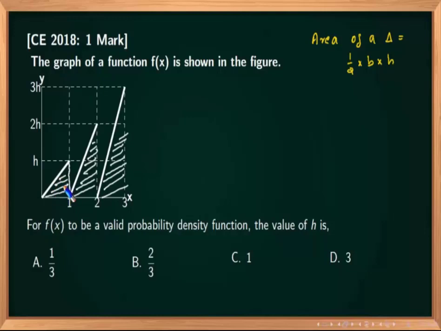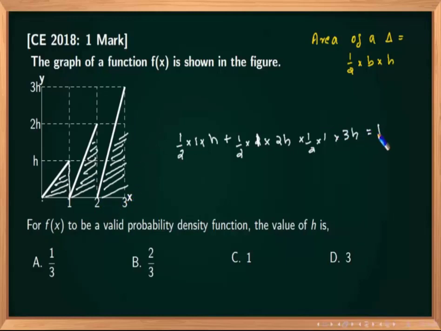So the area between 0 and 1 will be half into this length is 1 into this height is h, plus half into 1 into height is 2h. Now again it is half into this length is 1, 3 minus 2 is 1 into 3h.